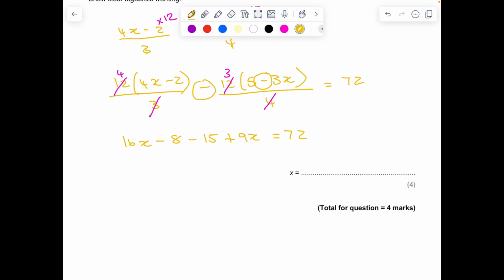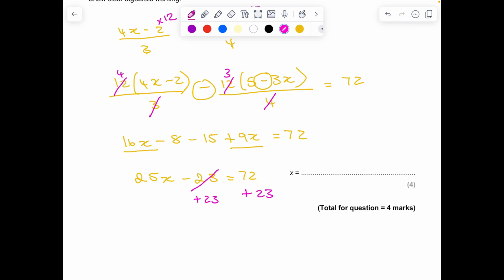So then, now we can start to tidy up. 16x plus 9x is 25x. Minus 8 take away 15 is minus 23 equals 72. And then I'm going to add 23 to both sides to get rid of the minus 23.